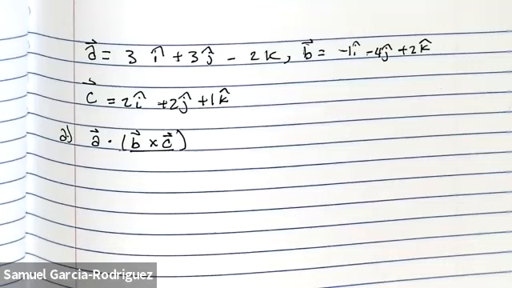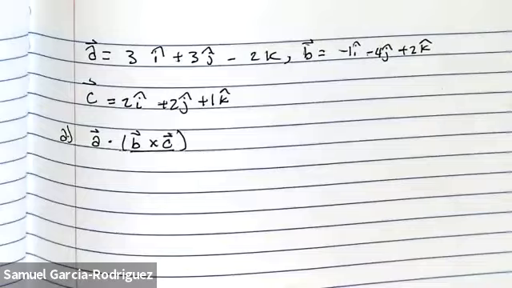Mac, do you know how to set up a cross product? So how would you set up this cross product? So for B, you would put the I of B, then the J of B, and then the K of B. So cross like that.